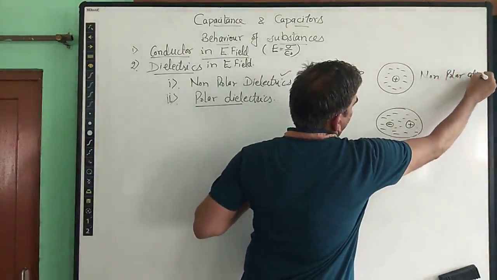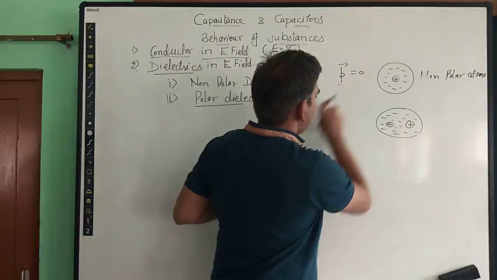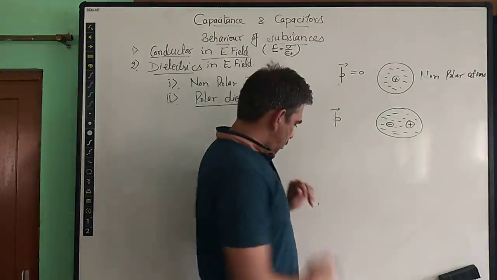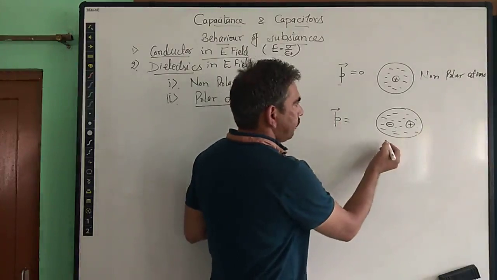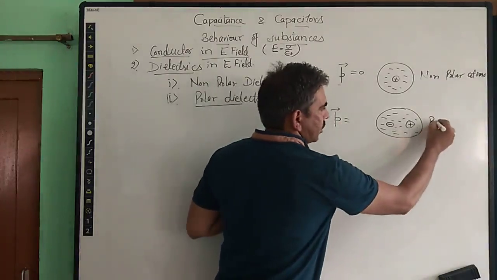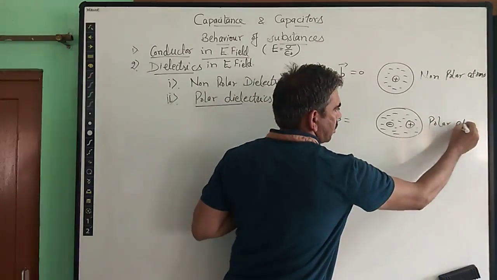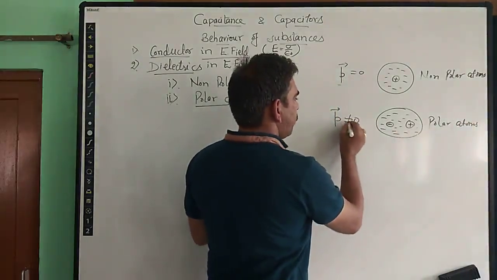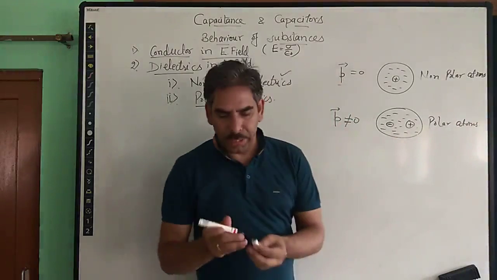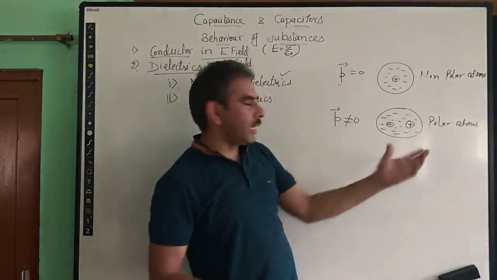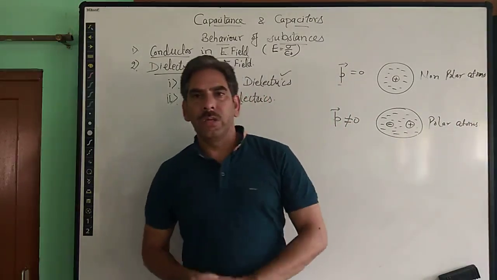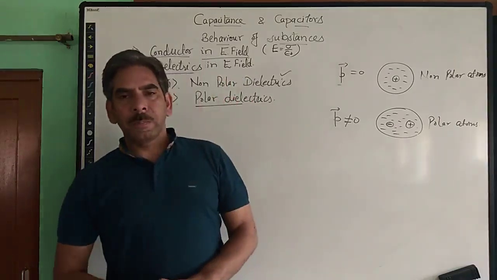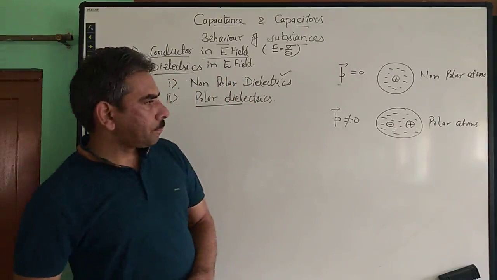So in case of non-polar atoms, the total dipole moment is 0, and in case of polar atoms, there is some dipole moment. This means the dipole moment in case of a polar atom is not 0, it has some value. So this is what we understand from the dielectrics.